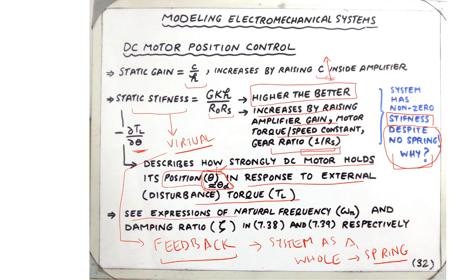Because it's a second order system, the expressions for the natural frequency and the damping ratio are also given in the textbook, and students are encouraged to derive those expressions from the differential equation and match them with those given in the textbook.